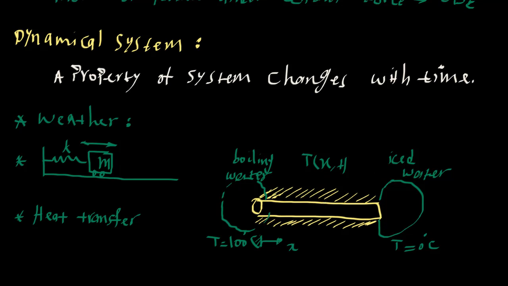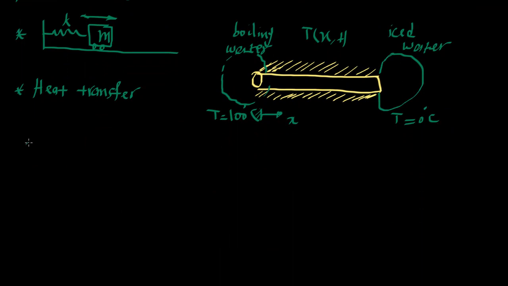Another example of a dynamical system is the spread of cancerous cells in a body.